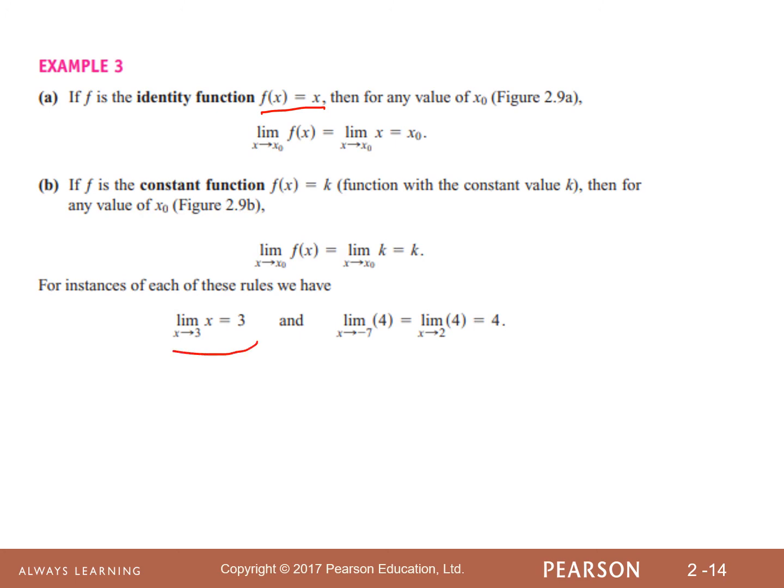Is this similar to the one I just discussed? Yes. Good, good. Let's take a look at 2. 2 says what? Limit f of x as x goes to x naught equal to limit k as x goes to x naught equal to k. So this one is what? A constant, right? Regardless of x goes to whatever. Because we're looking at the limit of a constant, not a variable.